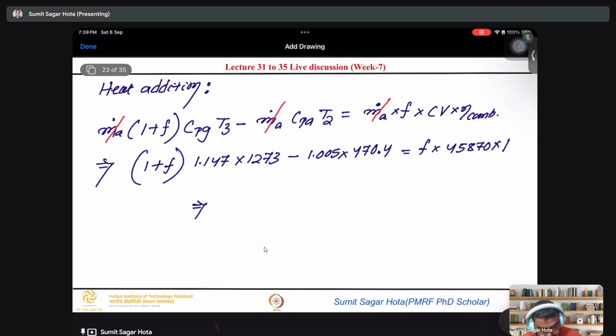From here we can calculate the F value, which is 0.0223, which is your fuel air ratio.